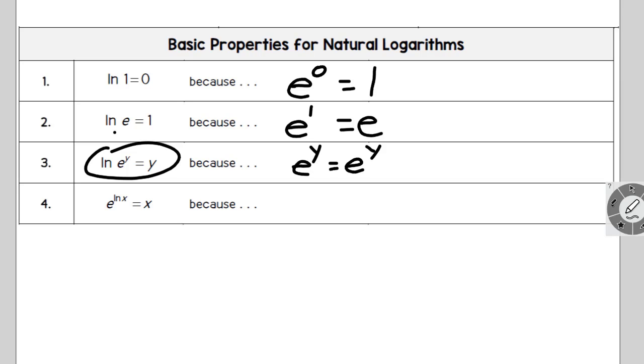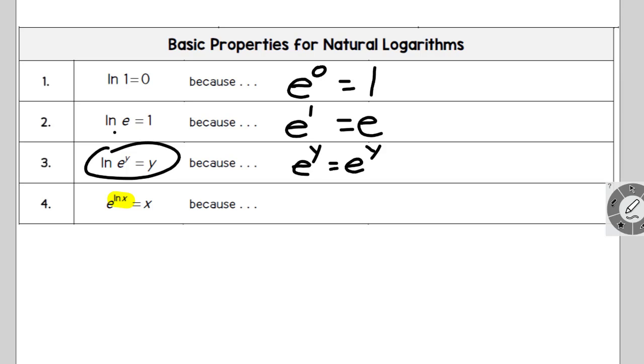Okay. All right, and then here we have the one that I think we had trouble with, which is e raised to natural log of x. Well, this piece says, what do I raise e to in order to get x, right? Well, x is some random number.